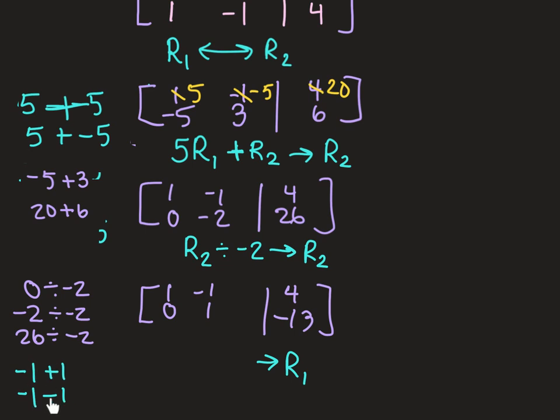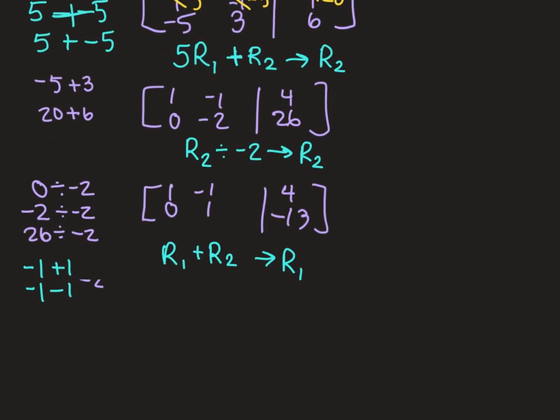Which one of these options is going to get me a 0? This option. So that means I'm going to take row 1 and add it to row 2. Does that mess anything up over here? 1 plus 0 will still be 1. Doesn't mess anything up. So row 1 plus row 2 will be my new row number 1.